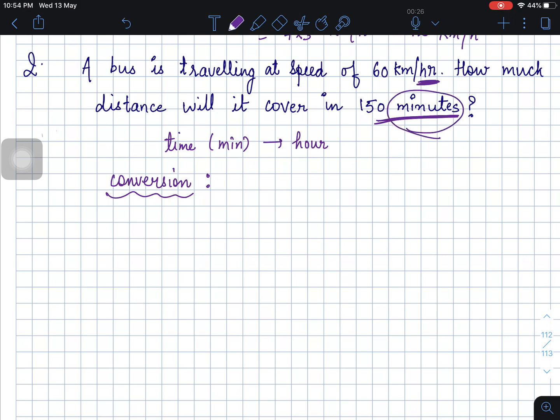So I can make out that the time here is in minute, and here it is in hour, so I have to convert this 150 minutes into hours. Again, 60 minutes is equal to 1 hour. So 1 minute is equal to 1 by 60 hour.